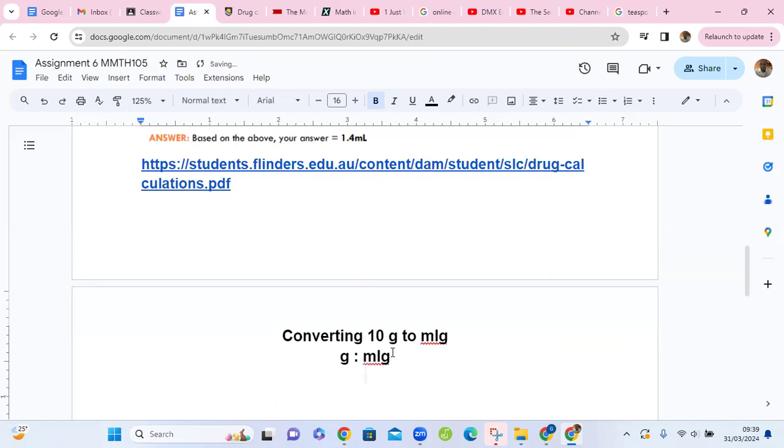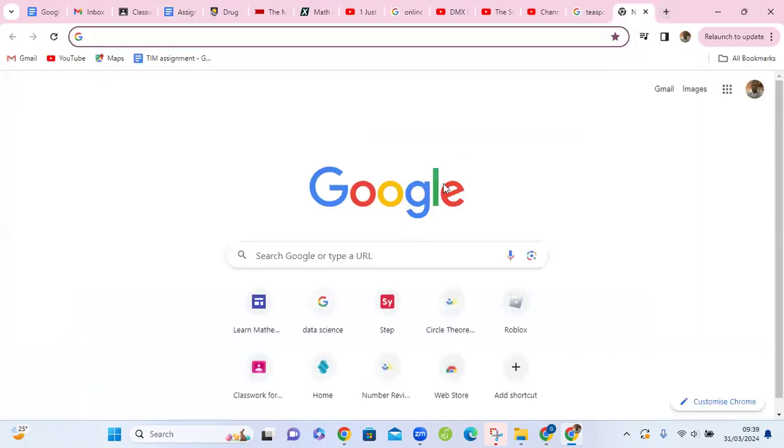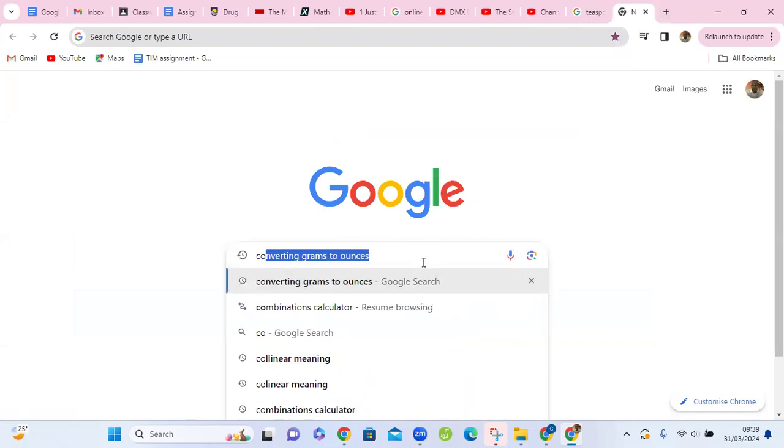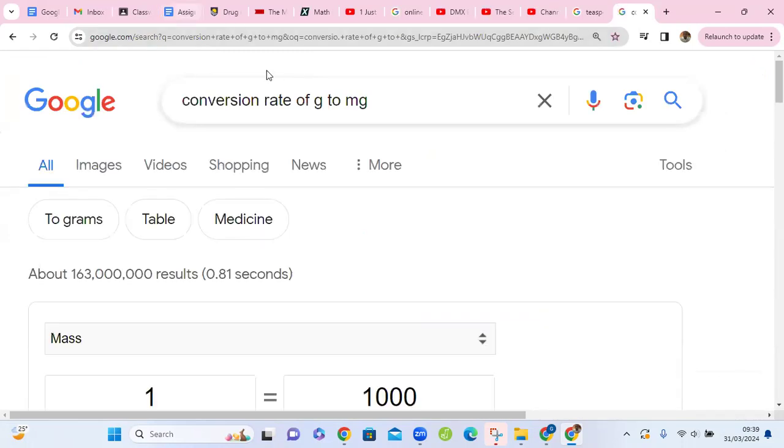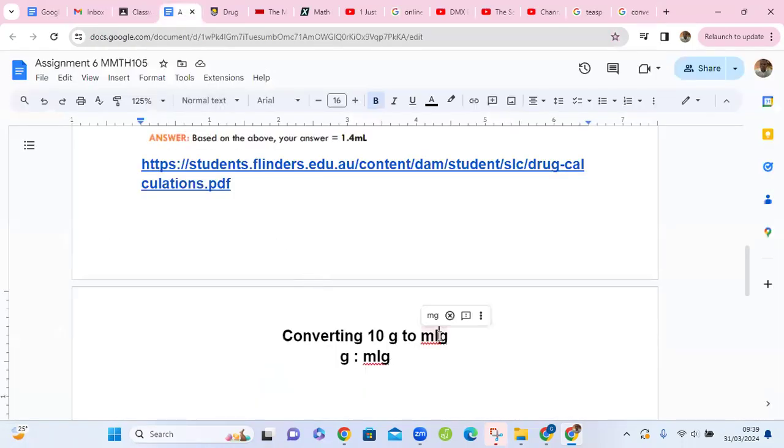Now we need a starting ratio with two numbers. What's the conversion rate of grams to milligrams? Grams to milligrams, mg. Sorry, get the symbolization correct.